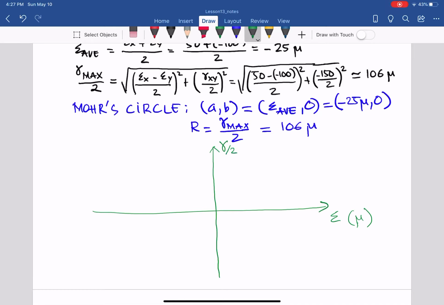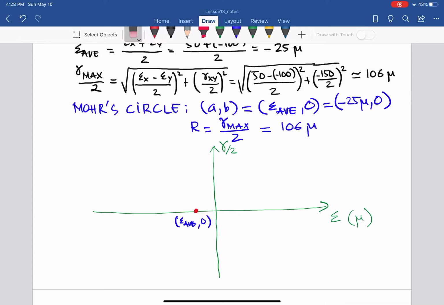And the center is negative 25, 0. So let's put that here. Every point is 25, so we have 25 here. That is epsilon average, 0, that is the center, and the radius is 106.